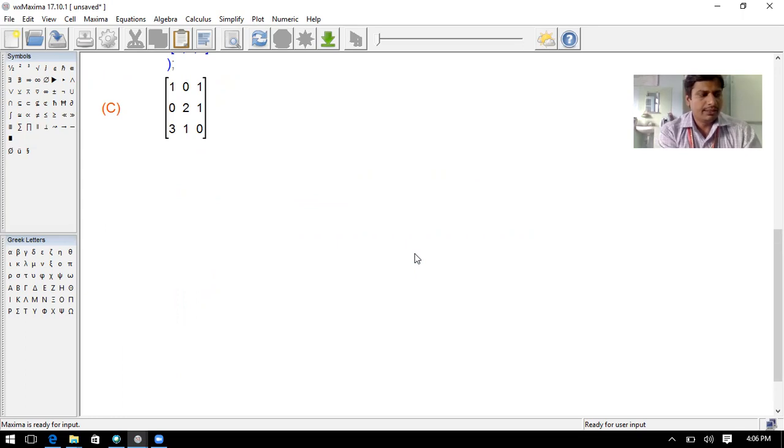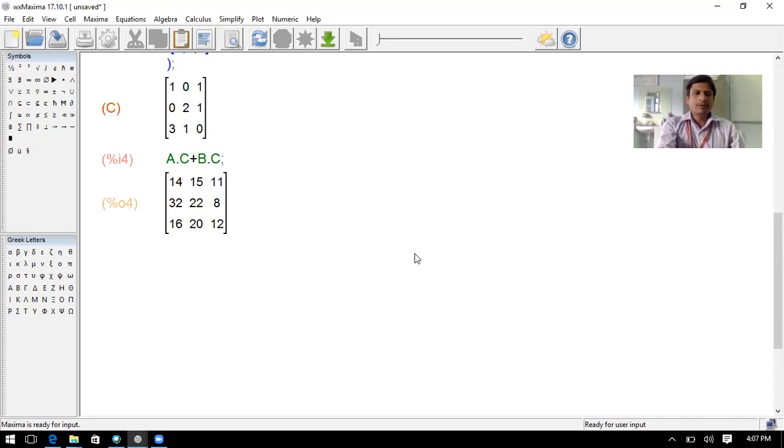That is A dot C plus B dot C. Then semicolon, then shift enter. The result is 40, 50, 11, 32, 22, 8, 60, 20, 12. Okay, this is AC plus BC.